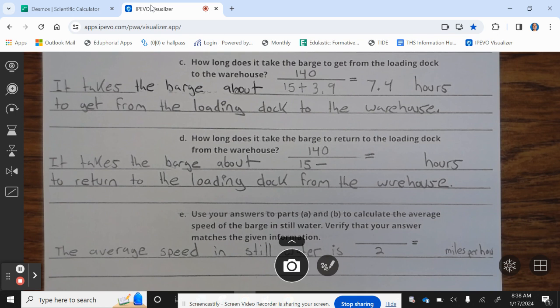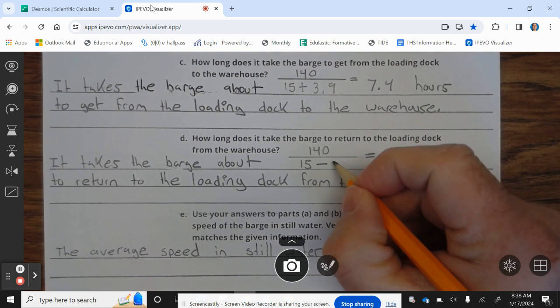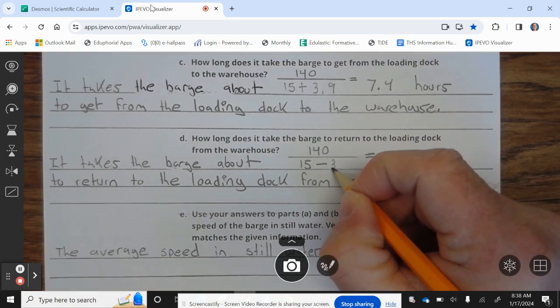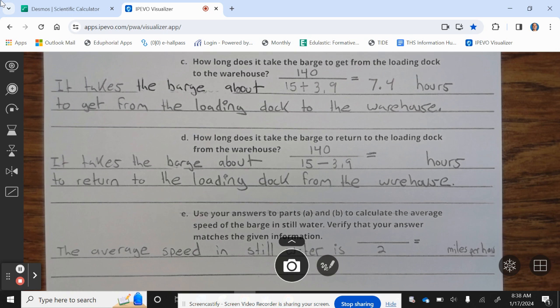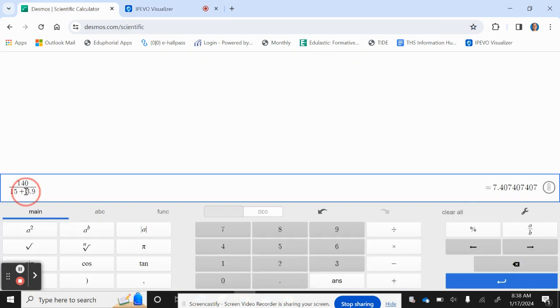D. How long does it take the barge to return to the loading dock from the warehouse? It takes the barge about 140 divided by 15 minus 3.9, which, all we have to do is change the plus to a minus, 12.6.